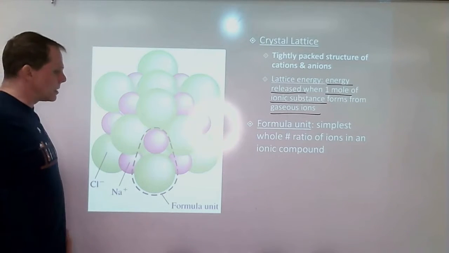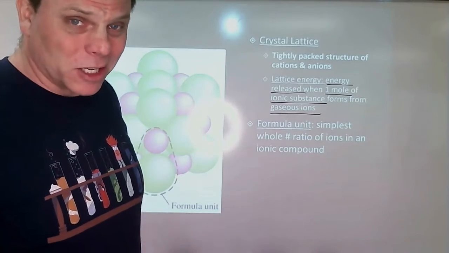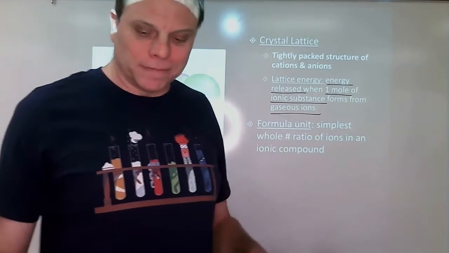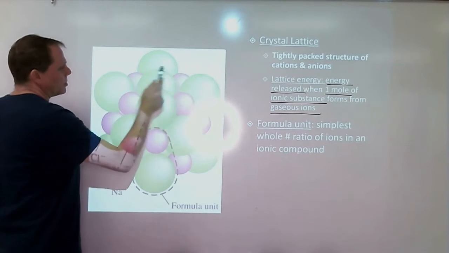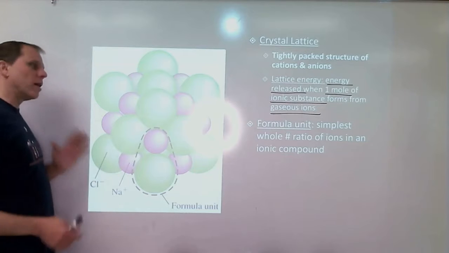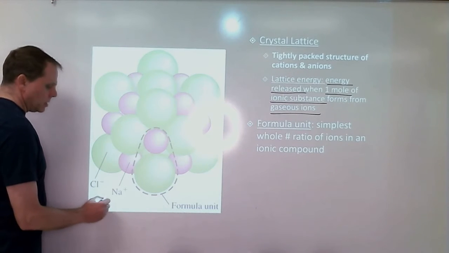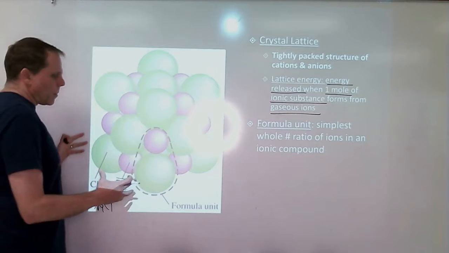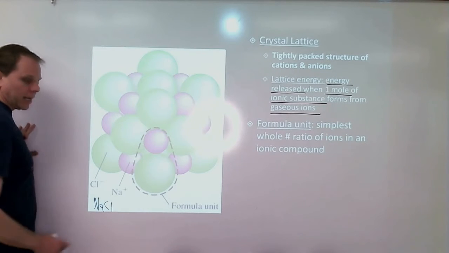So if I look at this and I count everything up, one of the objectives was, hey, if I looked at a crystal lattice, could you tell me the structure? Well, the idea here is that you're trying to figure out how many sodiums you have, how many chlorines you have, okay, and you're at a 1-to-1 ratio, then you can say, oh, my formula unit, my ratio of sodiums to chlorines is a 1-to-1, and so I just say, oh, NaCl.